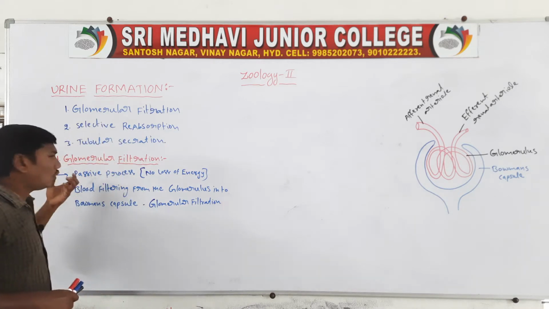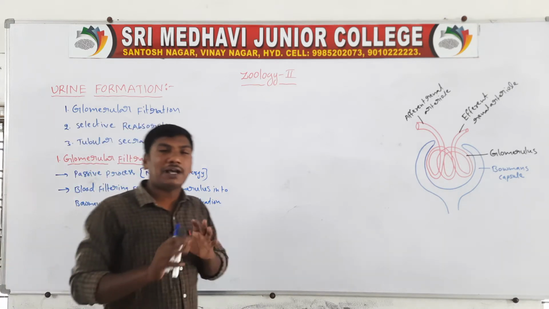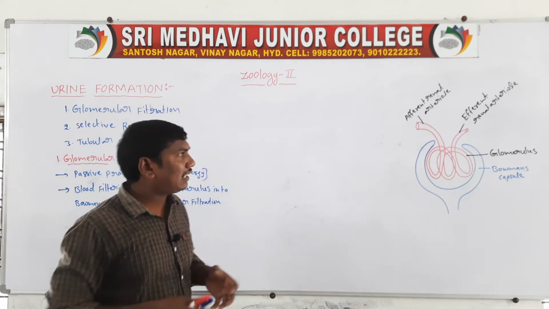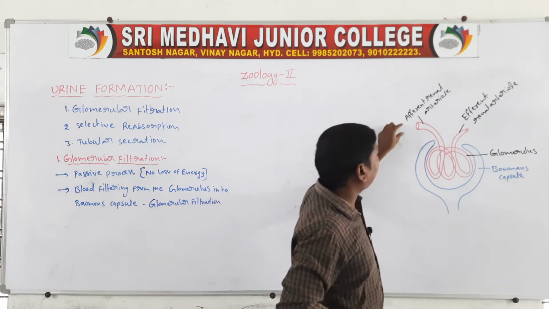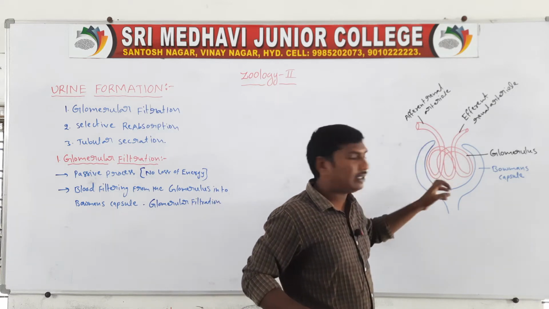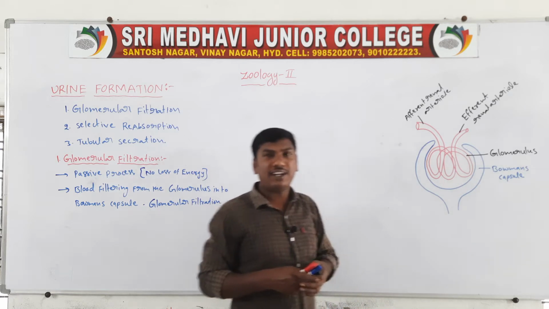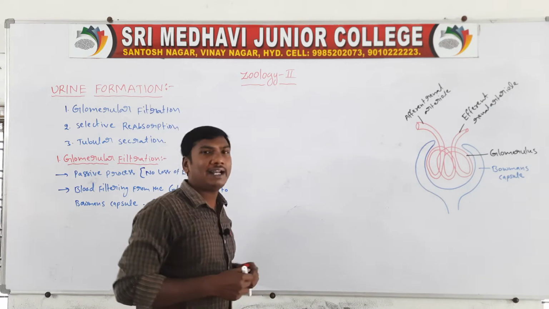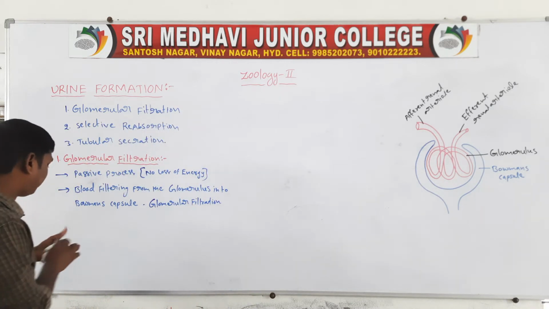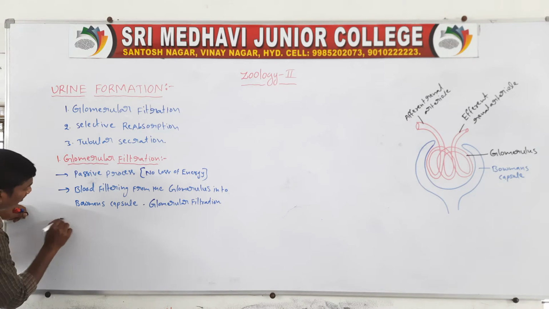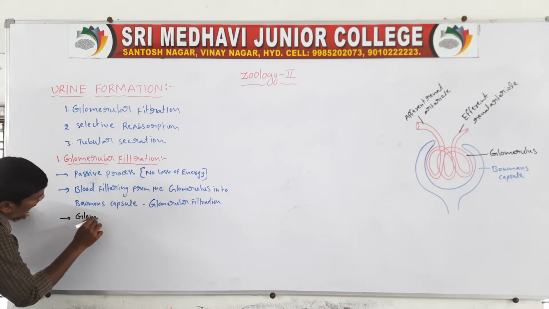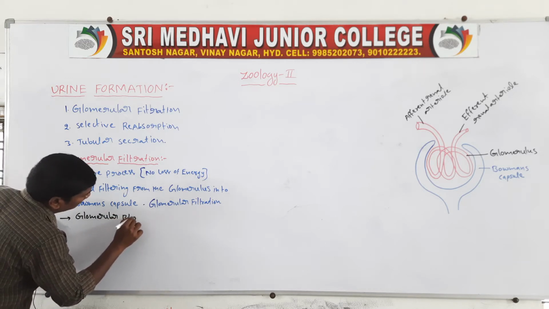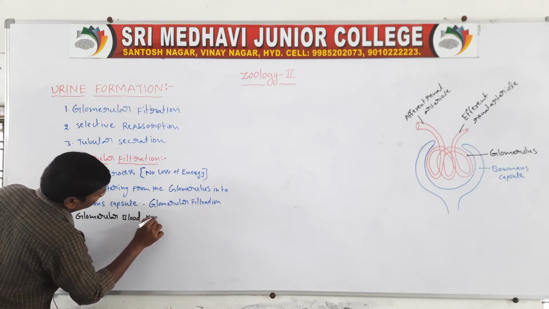The glomerular filtration is a passive process. Passive process means there is no energy loss. First of all, the blood is coming from the afferent arteriole. In this arteriole, the blood contains a pressure, the glomerular blood hydrostatic pressure.